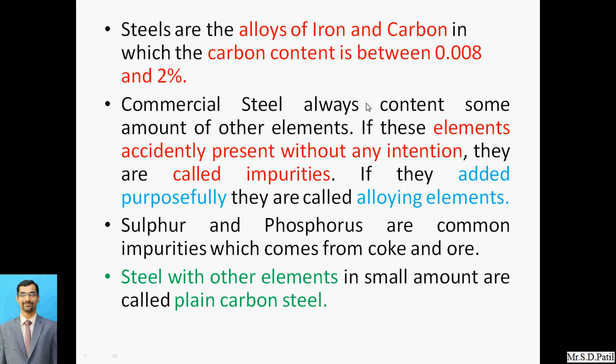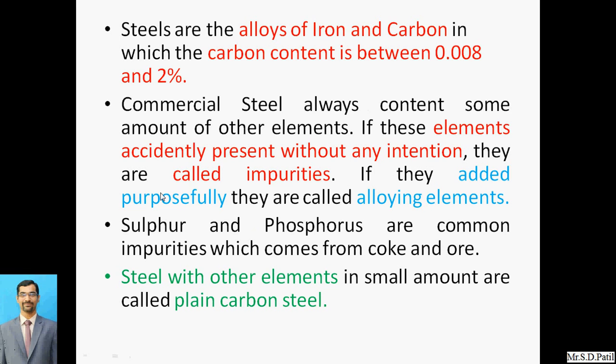Commercially, steel always contains some amount of other elements. If these elements are accidentally present without any intention, they are called impurities, and if they are added purposefully, they are called alloying elements.